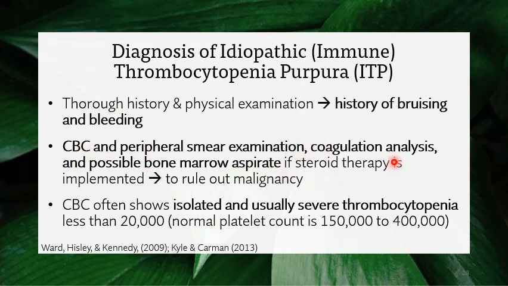We do the PT, prothrombin time, and thrombin time study in this case to see how long the bleeding is. And sometimes we can just isolate that it's ITP when we see severe thrombocytopenia, where the thrombocyte count is less than 20,000, where the normal platelet count would be 150 to 400,000.